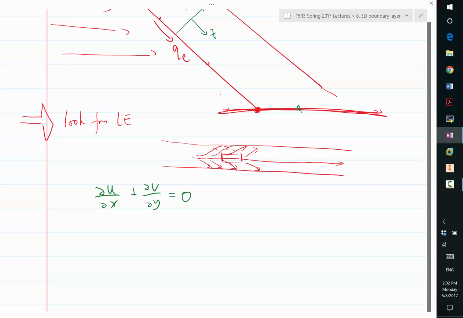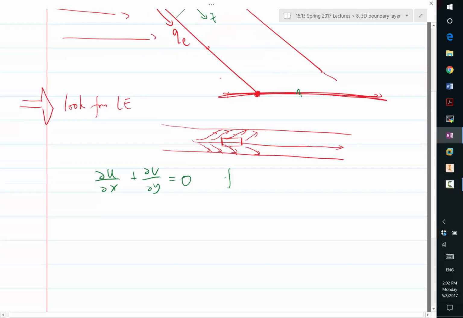This is for outside the boundary layer, which means the mass conservation equation is the same as 2D outside the boundary layer.